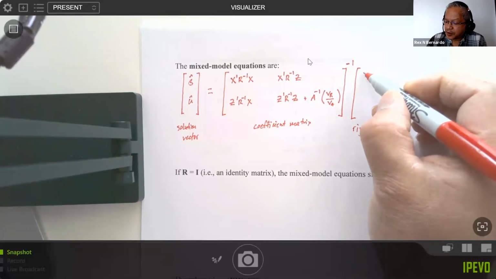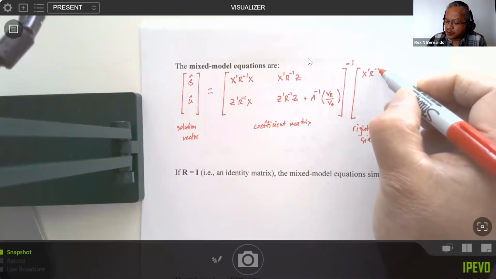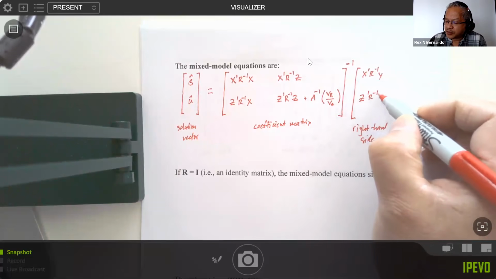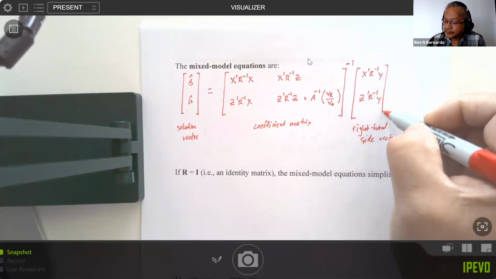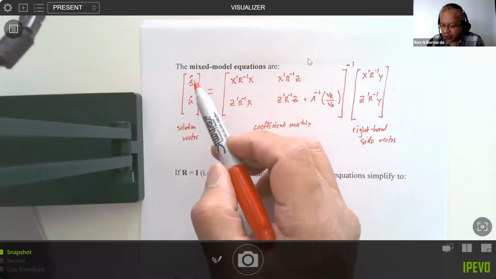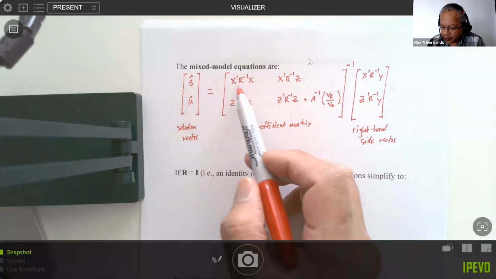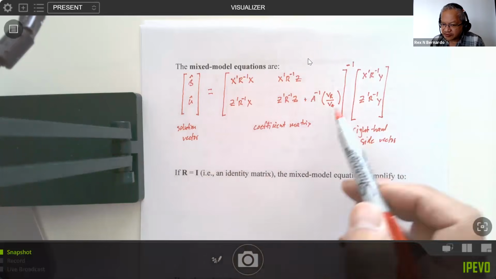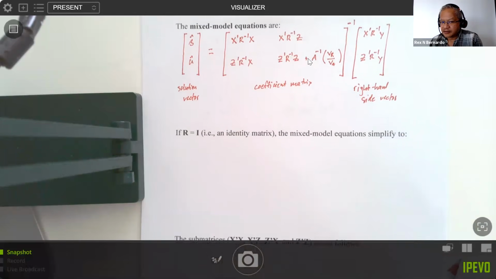And this is X prime R inverse Y and Z prime R inverse Y. And what we'll do today is build all this up and go through exactly what does this sub block look like? What does this look like? What do each of these look like? That's where we're headed in today's class.